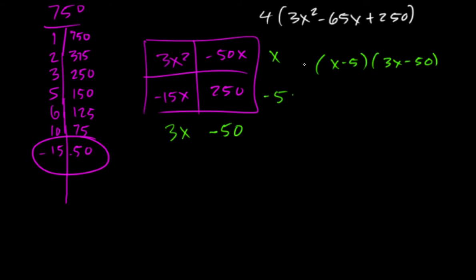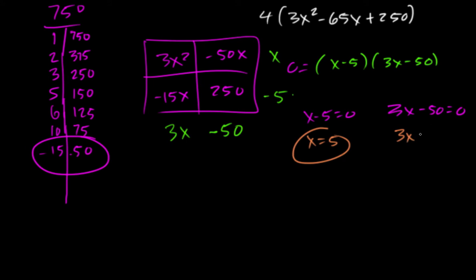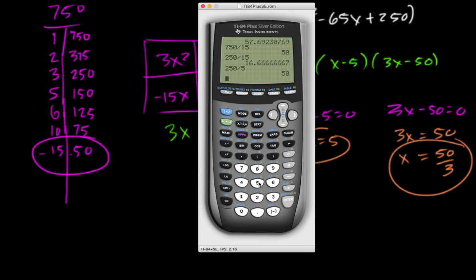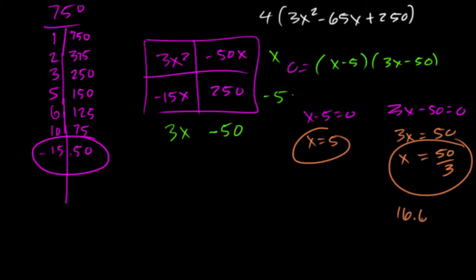Once again, this is the derivative, and we want it when the derivative equals 0. So x minus 5 equals 0 and 3x minus 50 equals 0. We add 5, x equals 5. We add 50, 3x equals 50. Then we divide by 3, and we get 50 over 3, which is about 16.6 repeating.